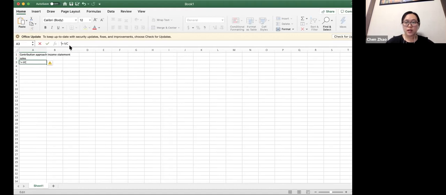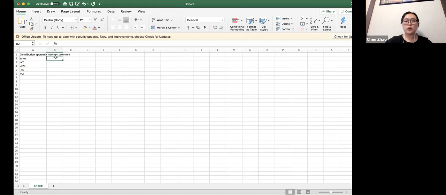Use the little prime so that Excel recognizes that it is not a function. And then equals contribution margin, also using the little prime here. Then minus fixed cost, and then equals operating income.